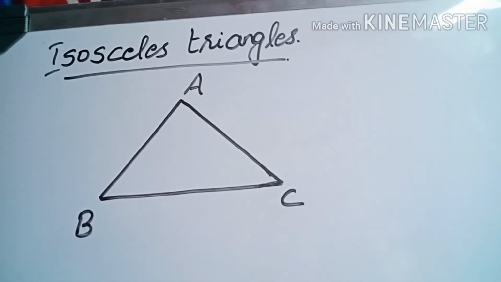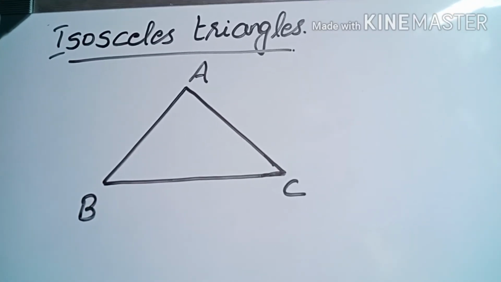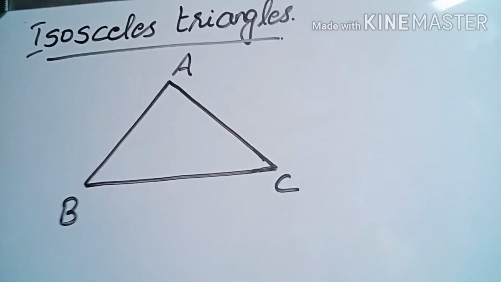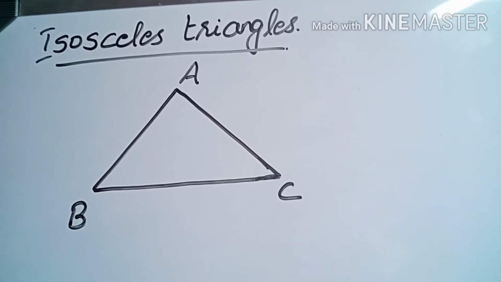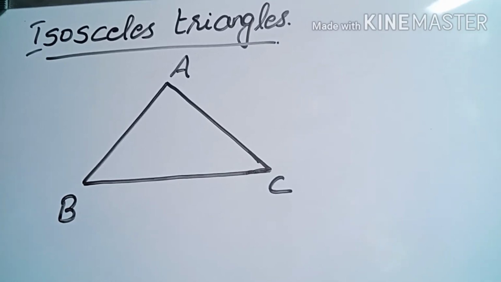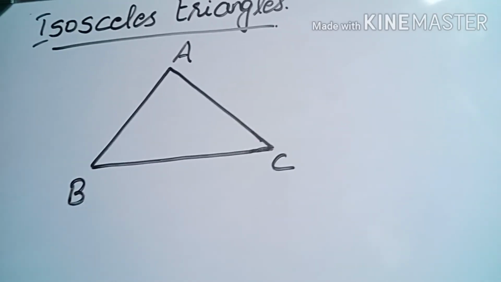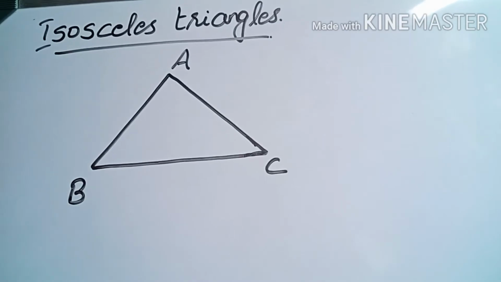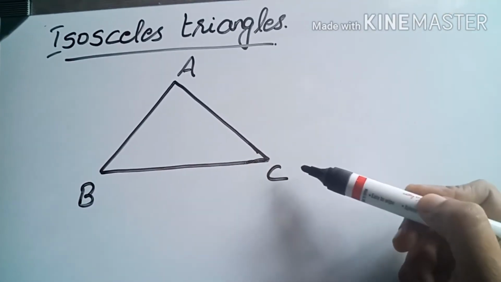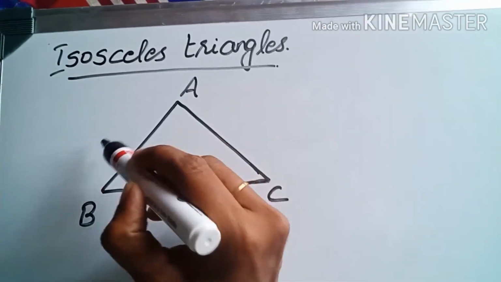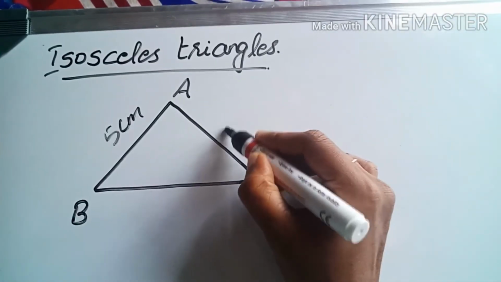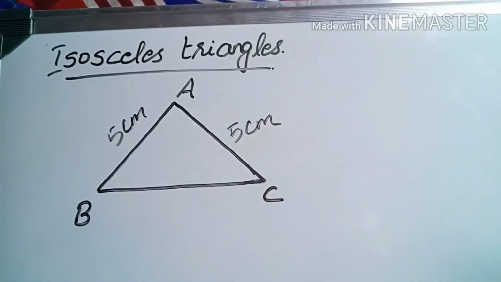Next subheading is isosceles triangles. Okay, this also you have learned in 7th standard. So isosceles triangle means if in a triangle any two sides are equal, then that triangle is an isosceles triangle. For example, in this triangle ABC, suppose AB is 5 centimeter and AC is also 5 centimeter.